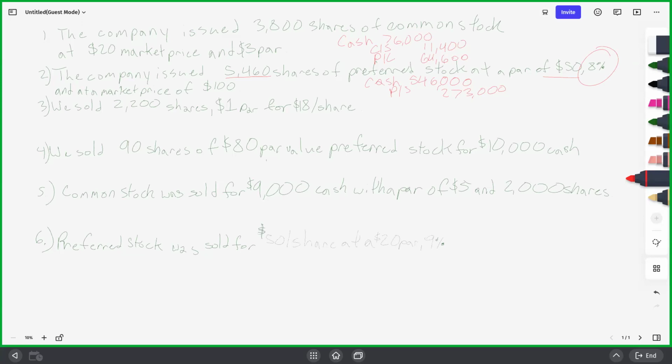So, what's the last account we need to put down? Paid in capital. So, we're multiplying the 5,460 times 50, because that's what the par value is. See, this is a case of my handwriting being very bad and I apologize.